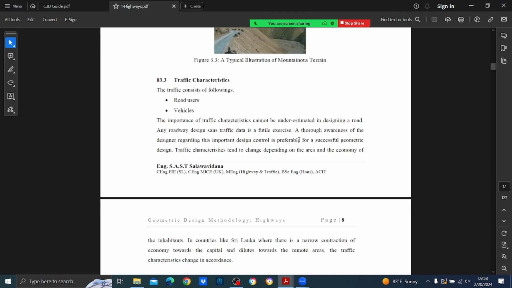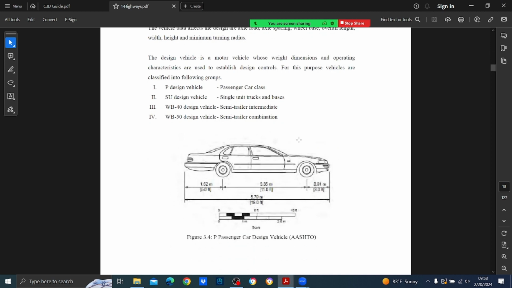Then the other thing is the design vehicle. Before designing a road, we have to have a design vehicle. That is not for each and every road, but as a concept, for a country, you have to have a design vehicle.